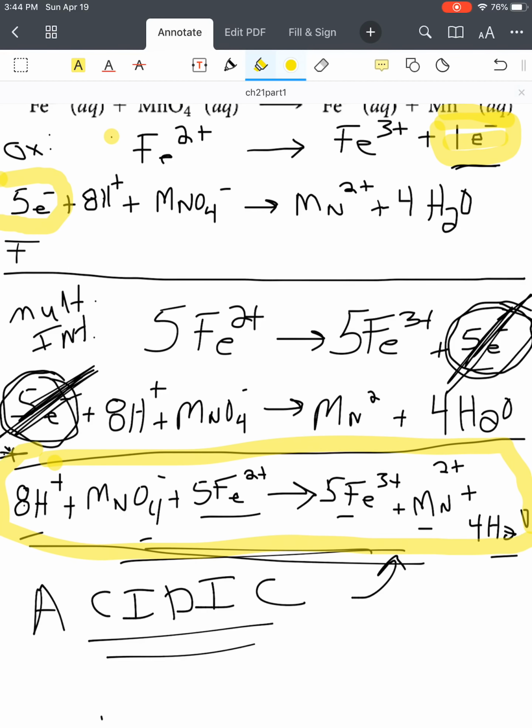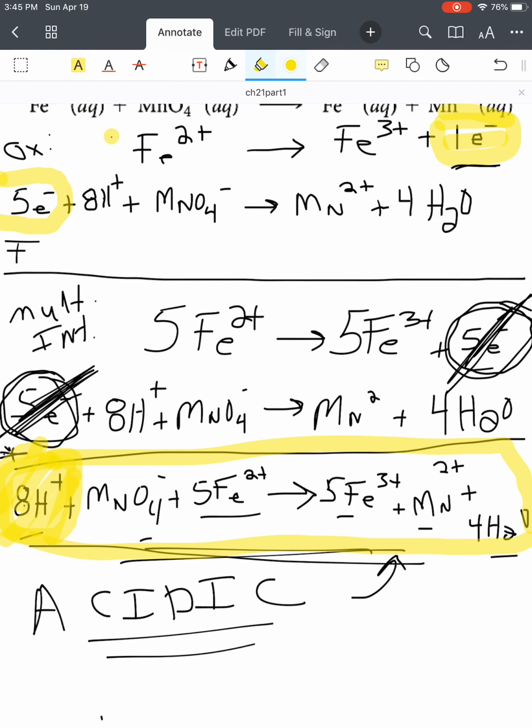The reason why is because of this right here on the far left. Notice that we have the H pluses present as a reactant, don't we? Would it make sense that this reaction would occur in basic media where there's not a lot of H plus to be present? I'm not so sure that makes a lot of sense, right?